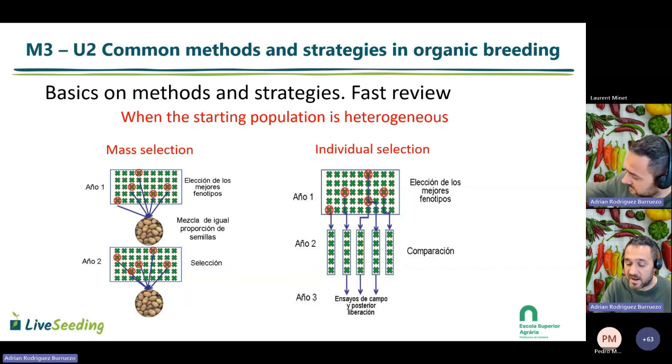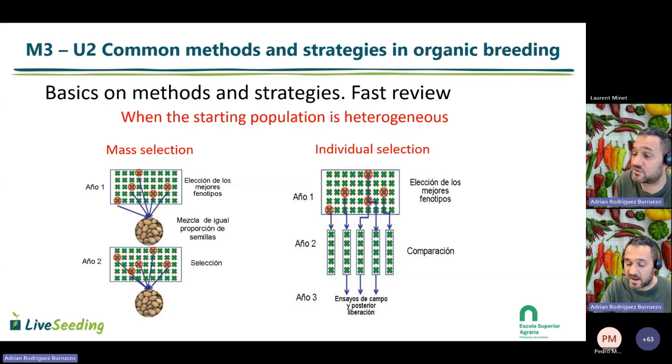I have planted 500 plants, and I will identify those plants which are the best ones for my breeding objectives in terms of vigor, production, yield, morphotype of the fruits or the grains. Who knows? It depends on your breeding objectives. I select them, take the seeds and mix them again in a bulk, and so on, repeating year after year. In this way, I am not tracking pedigrees, I'm performing selection.